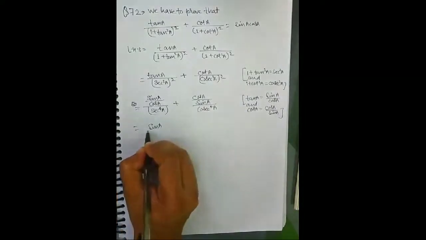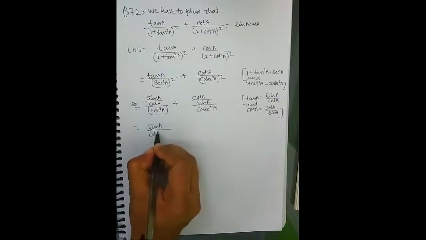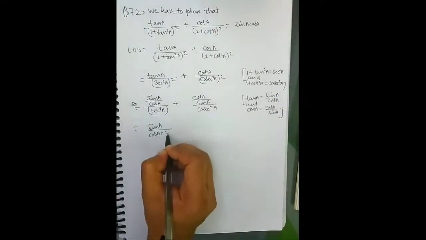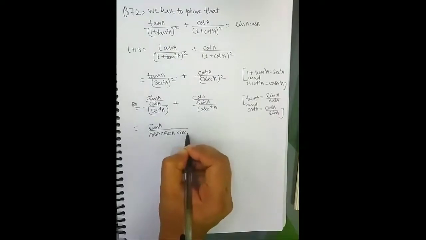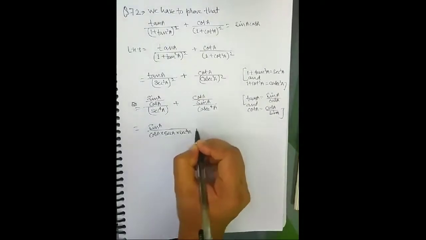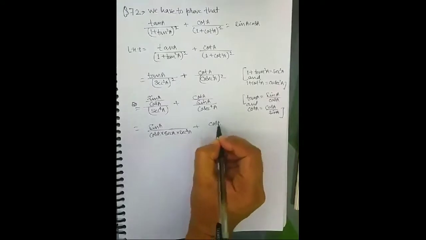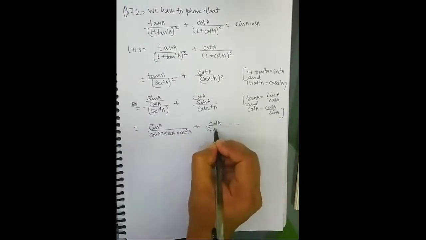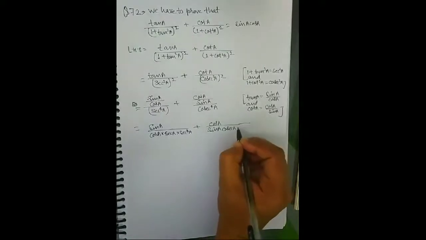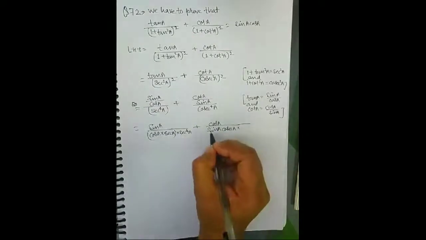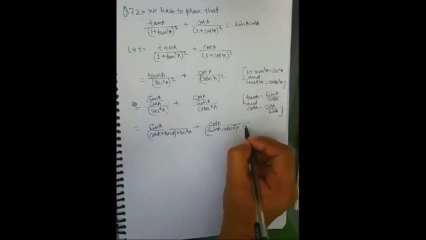We can write sin A upon cos A into sec A into sec cube A plus cos A upon sin A into cosec A into cosec cube A.